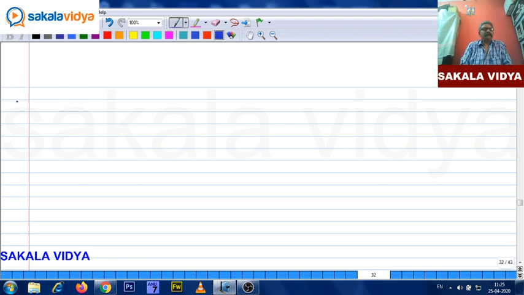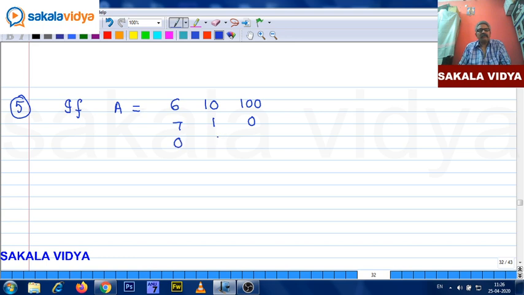Fifth problem. If A equals the matrix with rows 6, 10, 100; 7, 1, 0; 0, 9, 10.